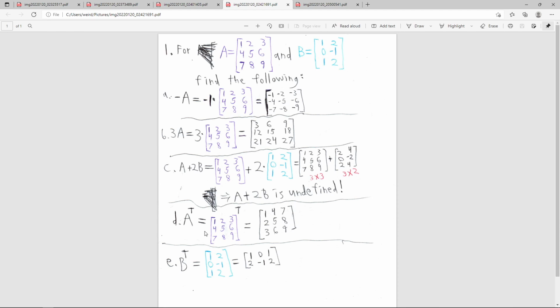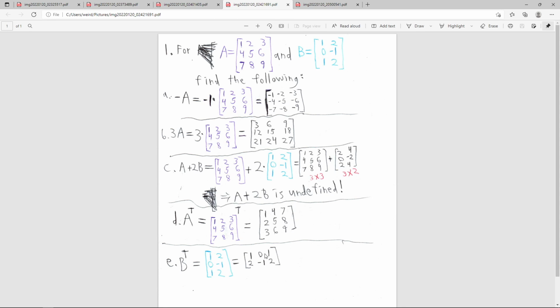These are the two transposes of each matrix. So 1, 2, 3 becomes the column 1, 2, 3, then 4, 5, 6, and 7, 8, 9. Yeah, you have your transpose. And for B, row 1, 2 becomes column 1, 2.